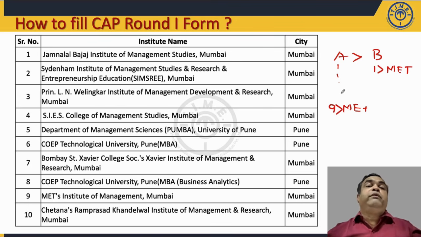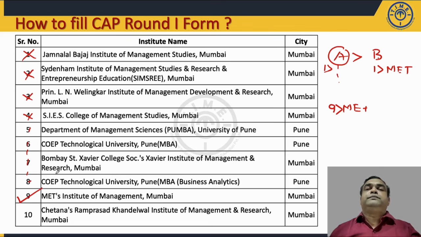Your computer will go by your Maharashtra state rank. A has a better rank than B, so the computer will first check the requirement of person A. Person A's number one is JBIMS. The computer will see he's not getting JBIMS, so it will not allow. Sydenham not getting, Wellingkar not getting. Like that, when it comes down, it says okay, he's getting MET, it will allow.